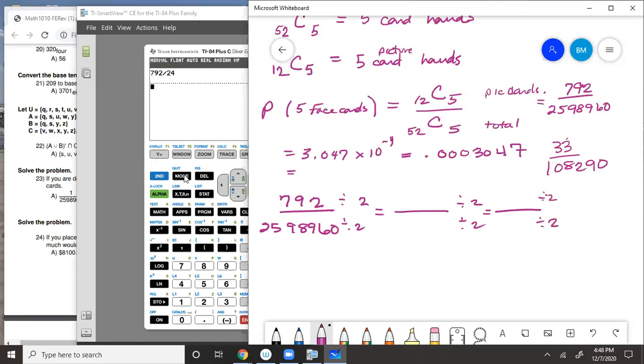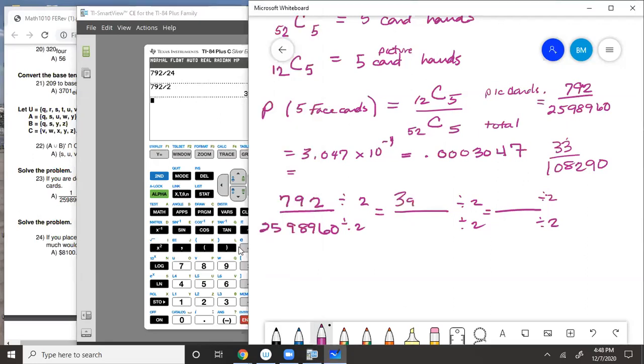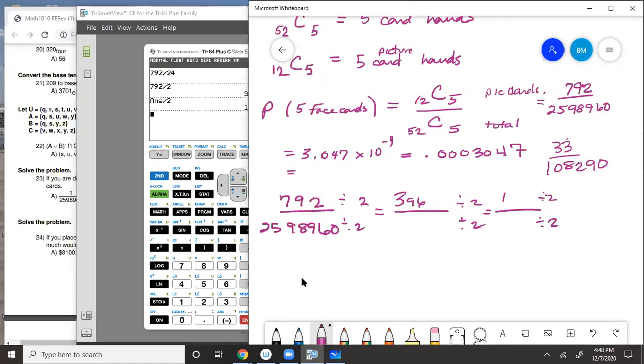All right, so 792, I'm just taking the numerator. 792 divided by 2, we get 396. Divide that by 2, we get 198, right? And we do the same thing with the other number, and divide that by 2.